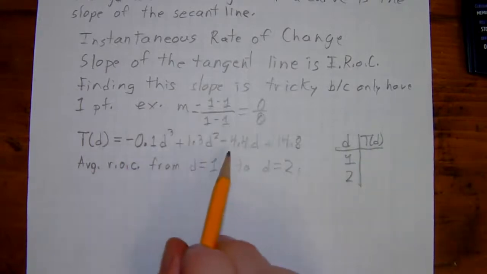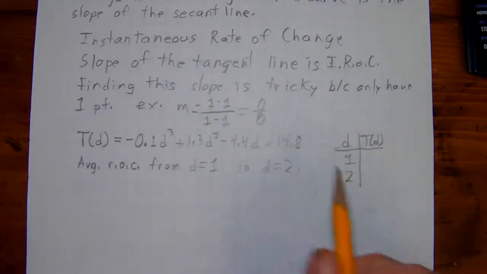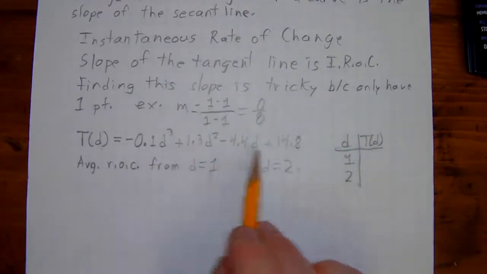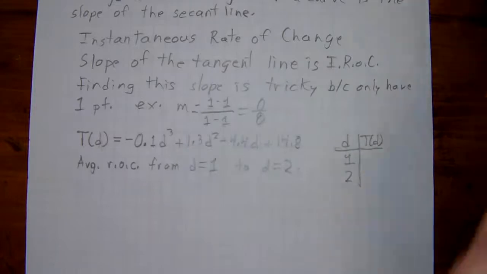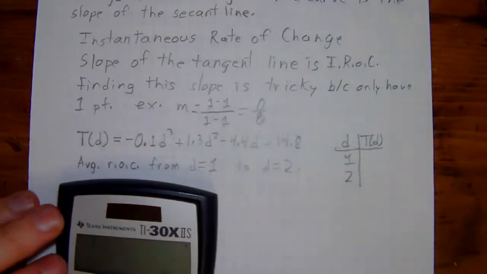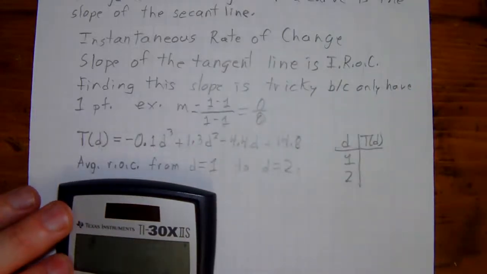We can sub those into the equation. And so if I sub 1 into this equation, I'm going to get negative 0.1. 1 cubed is just 1, so plus 1.3. 1 squared is again 1, minus 4.4 times 1 is still 4.4, plus 14.8.